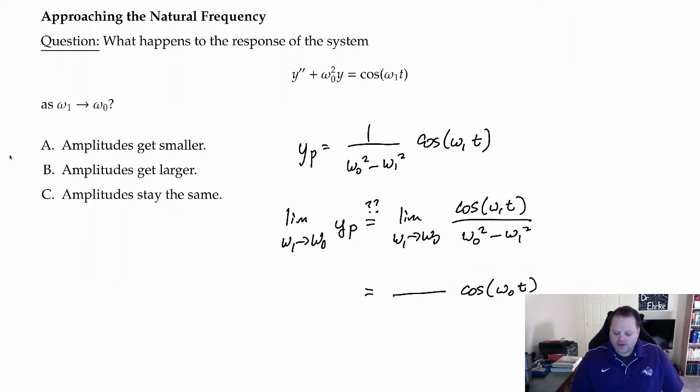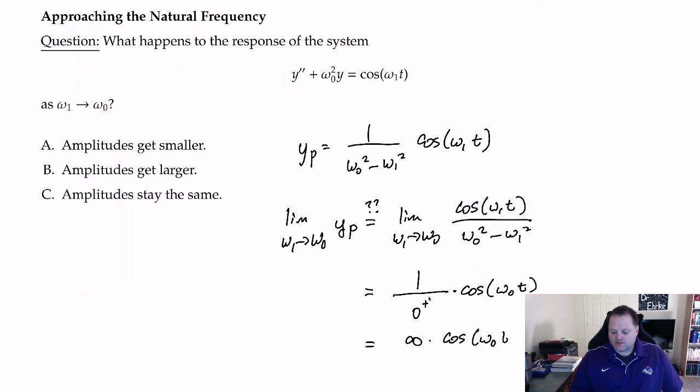But then the amplitude, which is 1 over the denominator, as omega 1 approaches omega naught, omega naught squared minus omega 1 squared approaches 0. And it approaches 0 from the right, I'll say. So this is a positive number. It's 1 over a number approaching 0. We know that this approaches infinity.